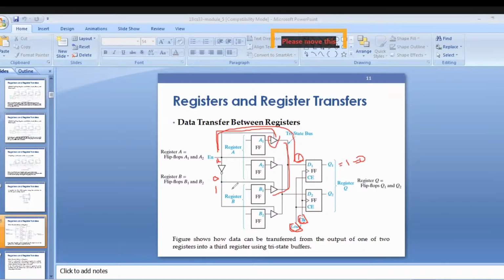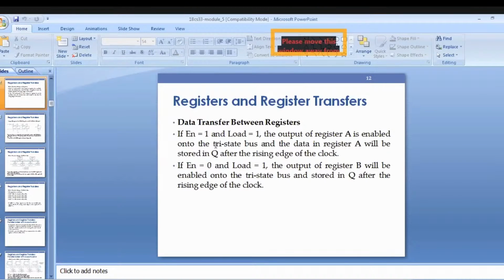In the same way, you can take this tri-state also. You can apply the data for the inputs as well as the outputs. How to analyze this circuit connected in parallel? Here you will see the data transfer between the registers. If enable is equal to 1 and load is equal to 1, then the output of register A is enabled.